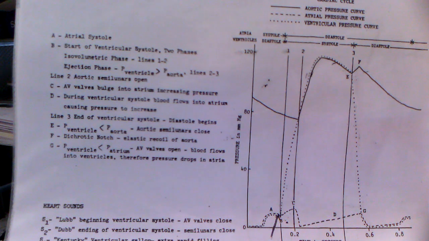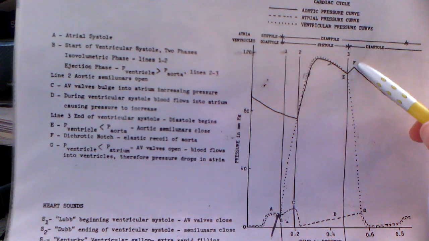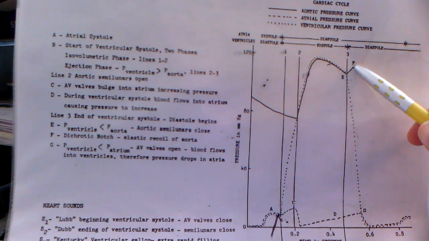As we learned from Poiseuille's law, when you decrease the diameter, you increase the pressure 16-fold. So when it constricts and comes back to its original shape, although there's no blood still squirting into the aorta from the ventricle, you see an increase in pressure for a small blip. And that increased pressure is known as the dicrotic notch.